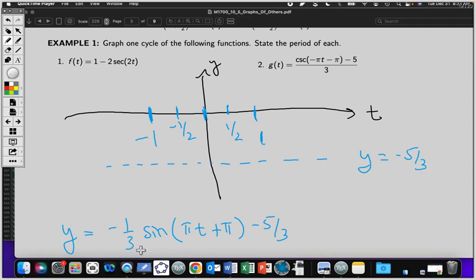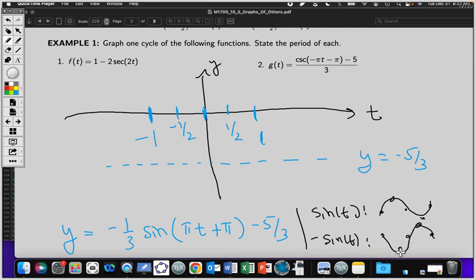The amplitude is 1/3, but we're flipped over. So the standard sine function goes middle, high, middle, low, middle. If we want to invert that, negative then would be middle, low, middle, high, middle.